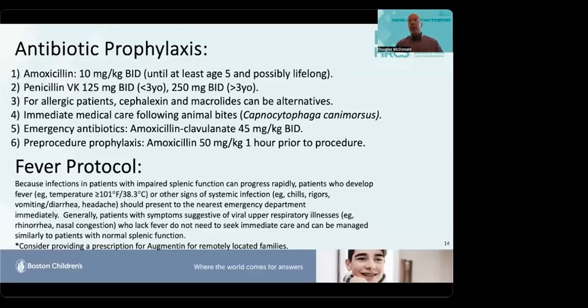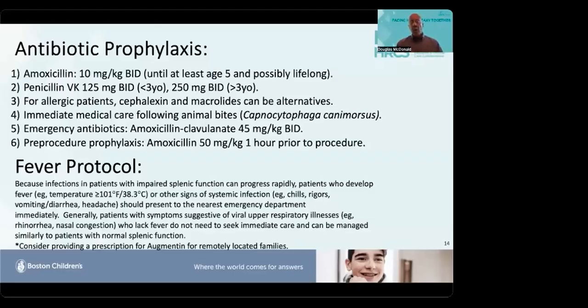Typically, we recommend administering Rocephin or Unasyn to these patients pending negative blood cultures. For patients who have only mild illness symptoms consistent with viral respiratory tract infections without fever, they can be monitored at home.